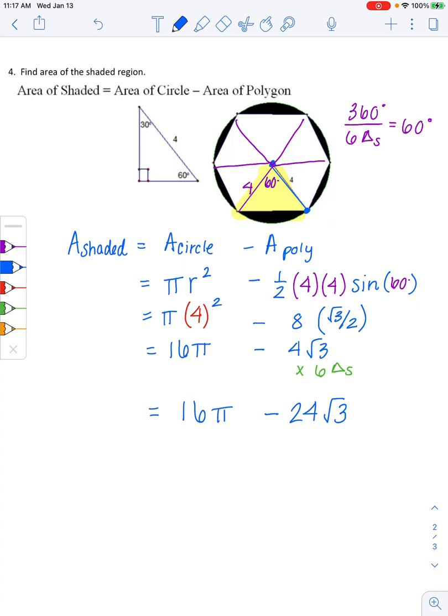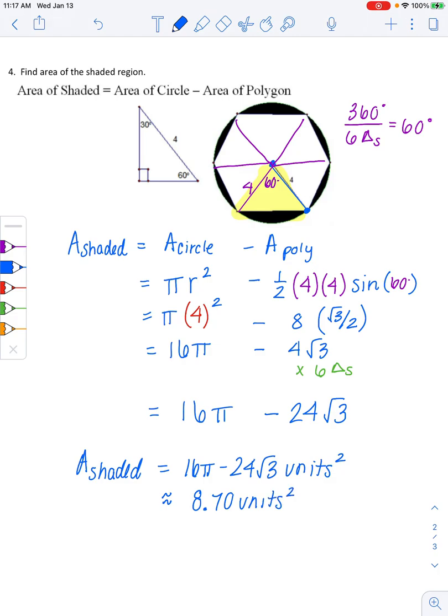So that's taking out the middle part. The area of the shaded is 16 pi minus 24 root 3 units squared if it's asking for exact. If it wants approximate, it's about 8.70 units.